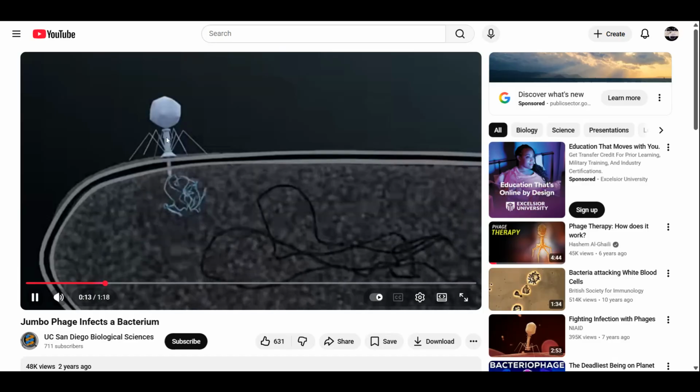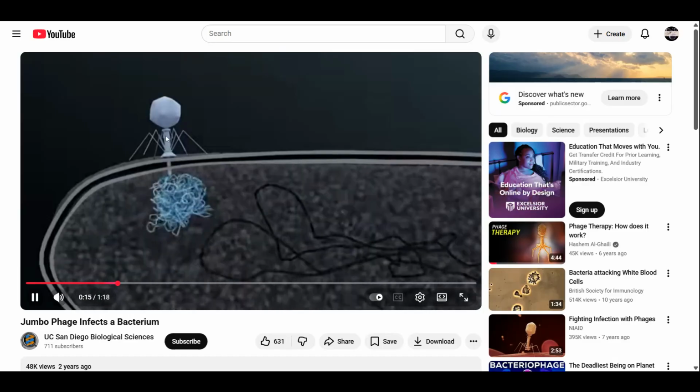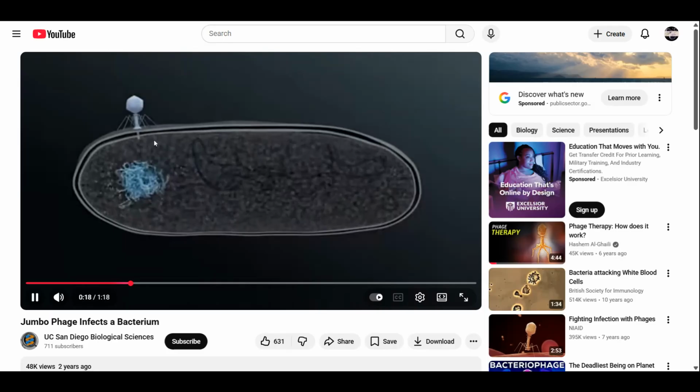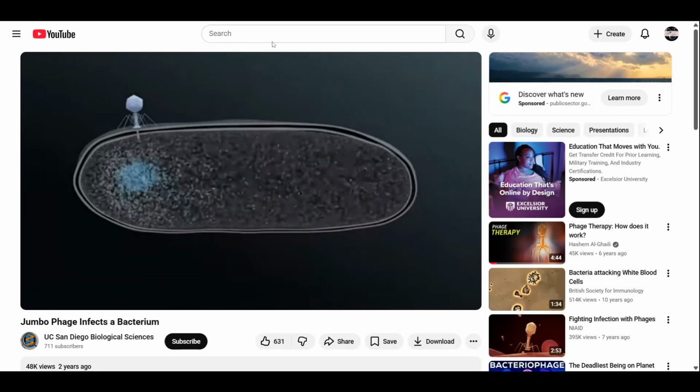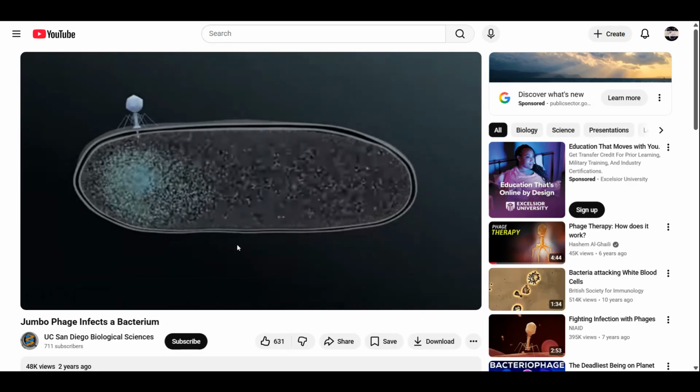Because that movement is a biological process and it requires energy to conduct it. Exactly like sperm.